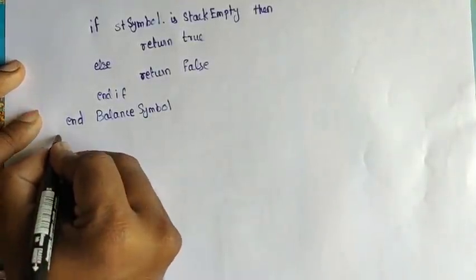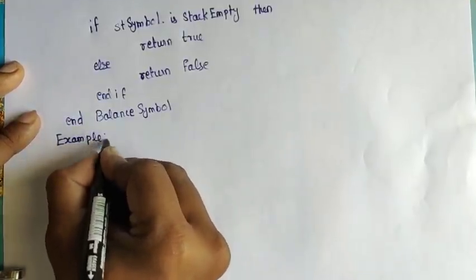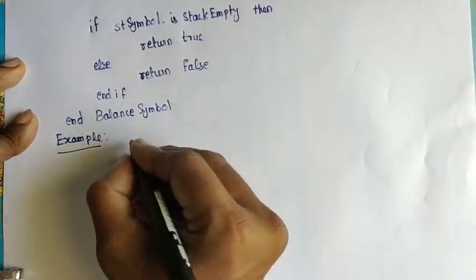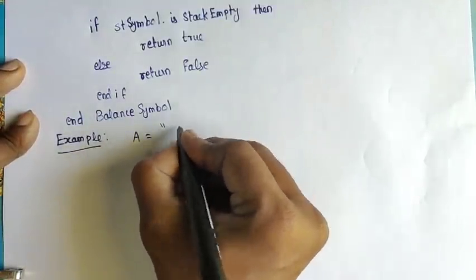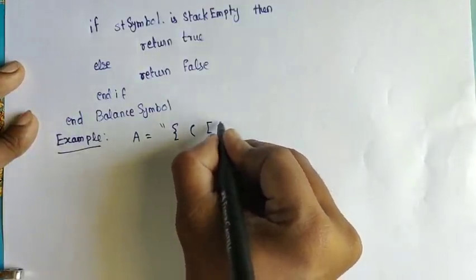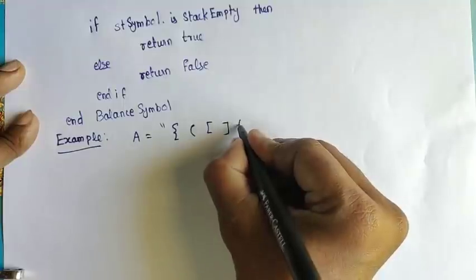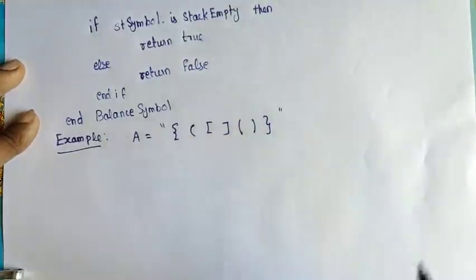So consider one example. The input is a equal to, these characters.